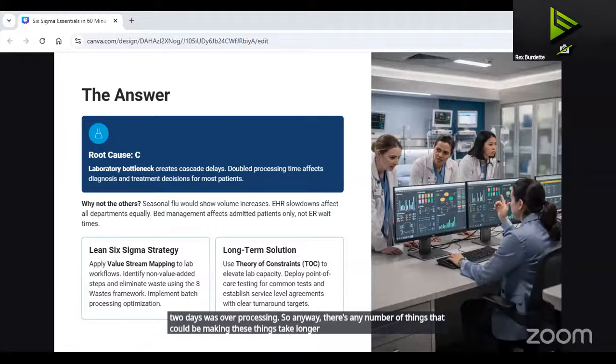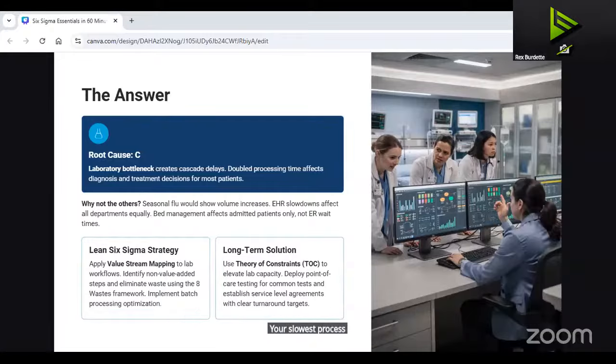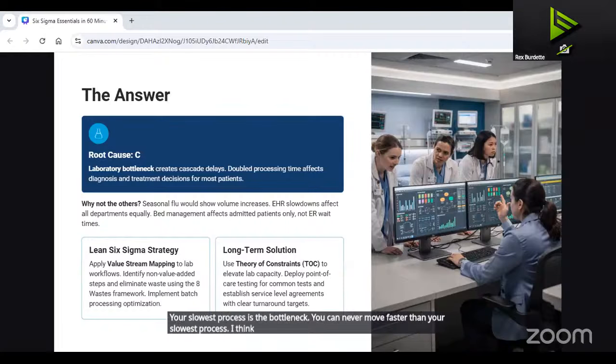We look at that. What's our long-term solution? Lean has the theory of constraints, and basically it says that your slowest process is the bottleneck. You can never move faster than your slowest process. I think that's intuitive. Use the theory of constraints to elevate your lab capacity.